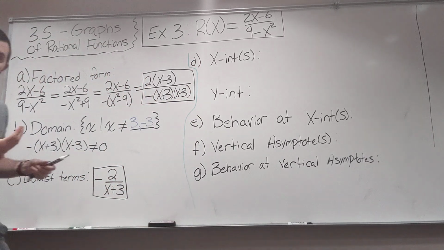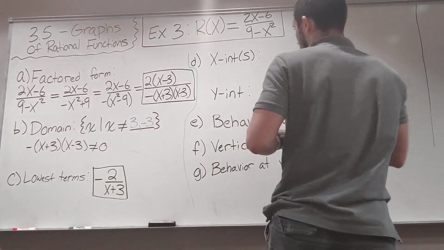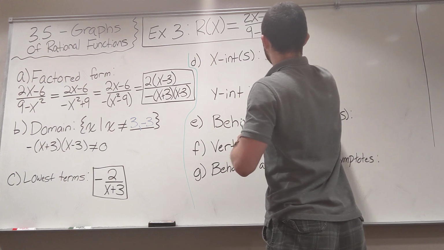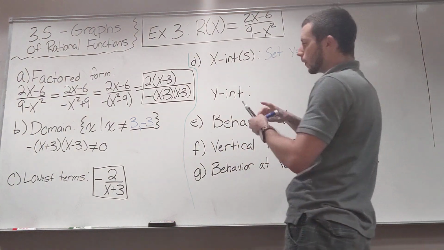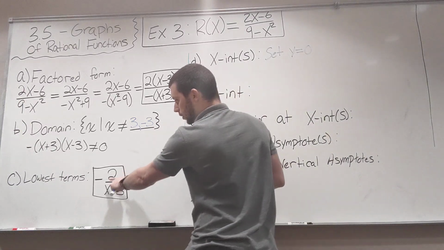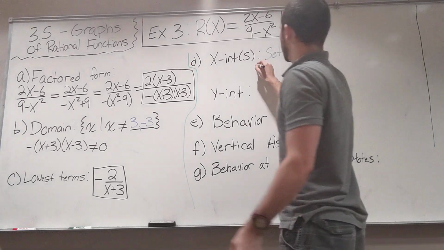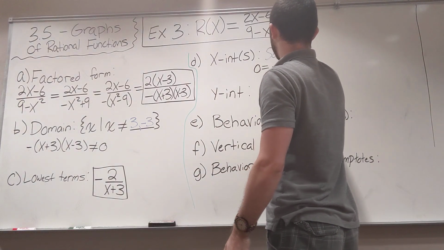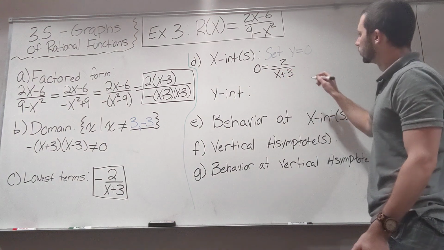So the x-intercepts, in general, what we do is set y equal to 0 and solve for x. So here, that same idea, set y equal to 0. And when we do that, we're setting the reduced function equal to 0. So now 0 is equal to -2 divided by x plus 3.